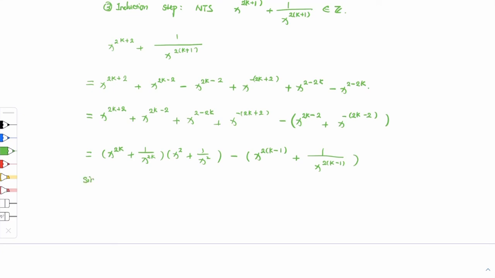So since x to the 2k plus 1 over x to the 2k, x squared plus 1 over x squared, and x to the 2k minus 1 plus 1 over x to the 2k minus 1 are all integers, okay, by base case and IH, therefore this whole thing should be an integer as well.